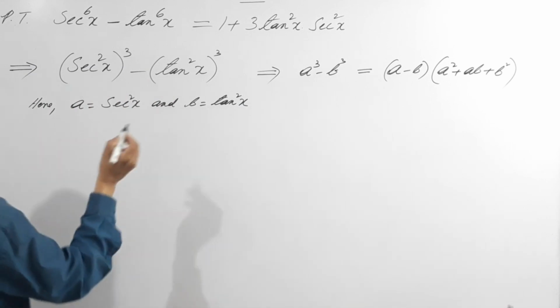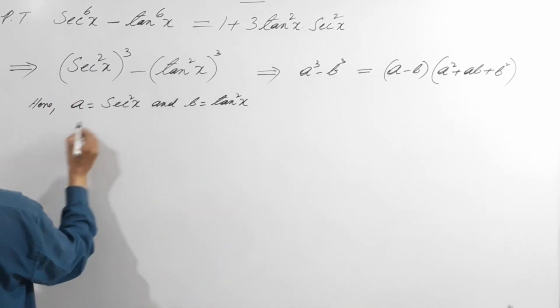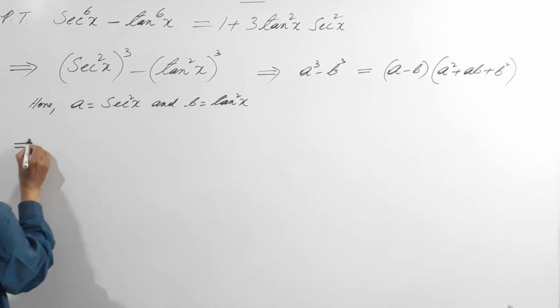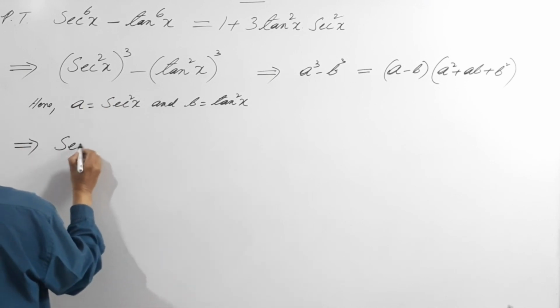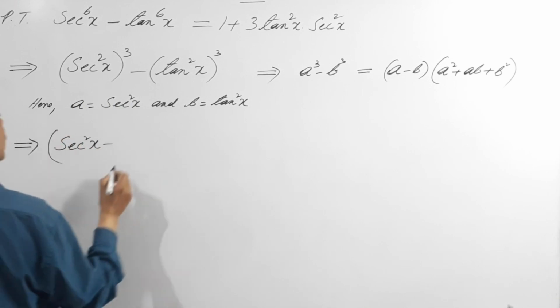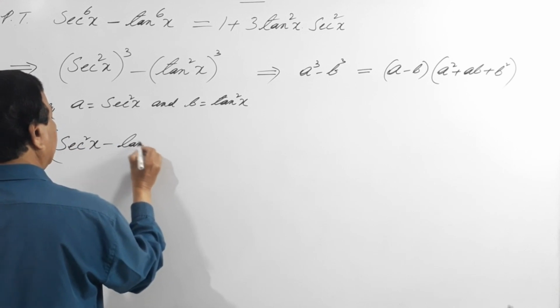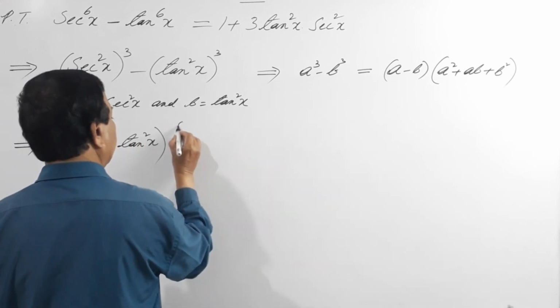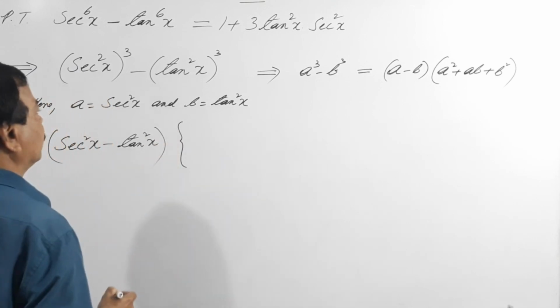So a minus b, what is that? That is secant square x minus tan square x, into, I'll use a flower bracket. So what happens here?